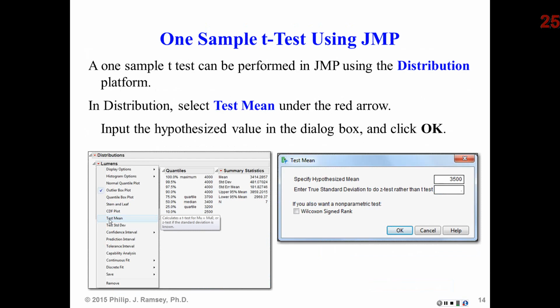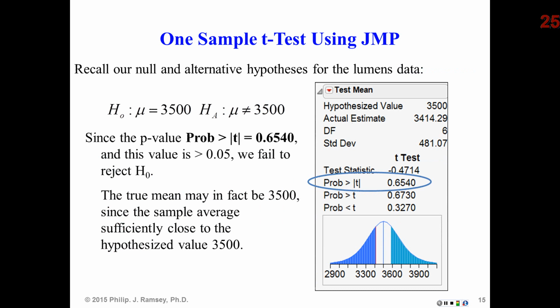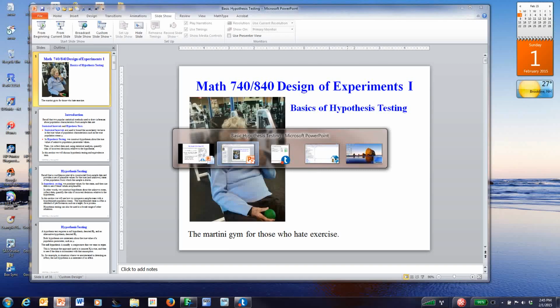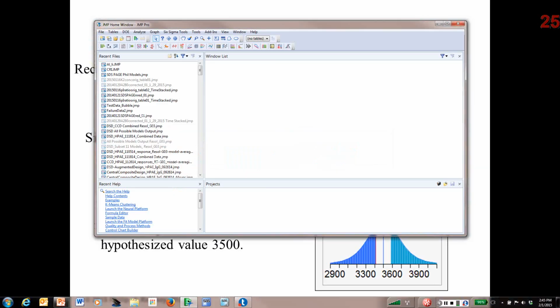Okay, so how do we do the one sample t-test in JMP? Well, it's done in the distribution platform, and I'm going to show this in a moment. And in the report menu, it's something called Test Mean. So what I'm going to do is go over to JMP and open up the data set.